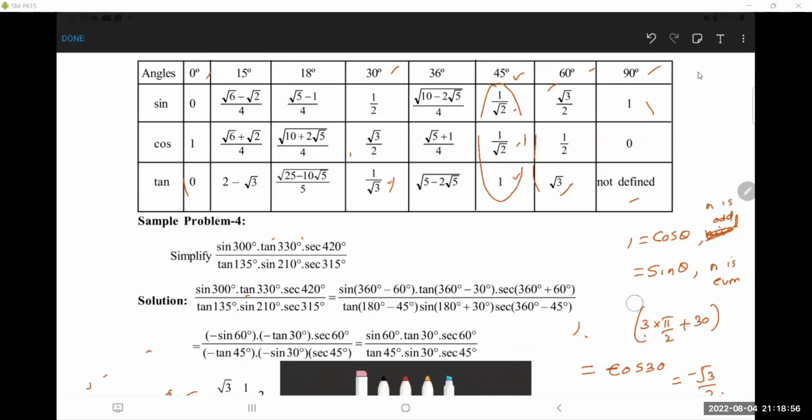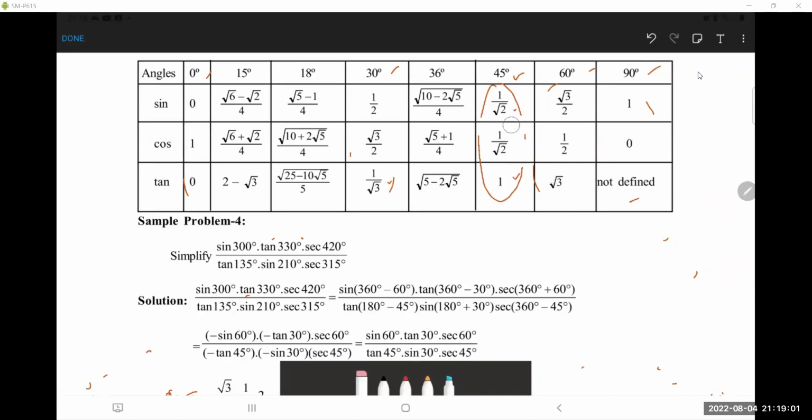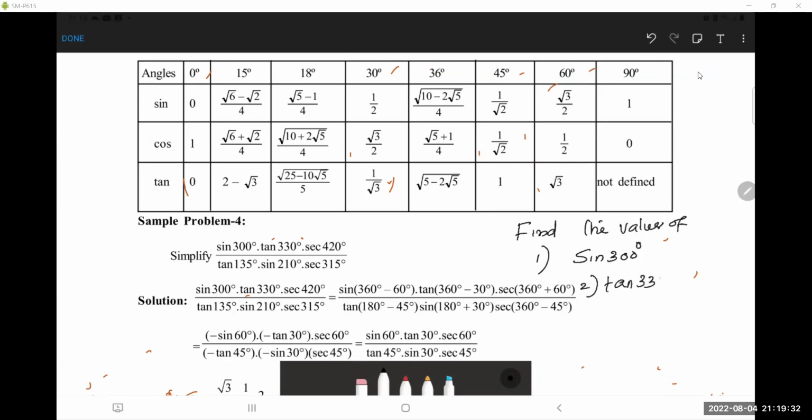You write this question. Find the values of: 1. Sine 300 degree. Question number 2. Tan 330 degree. Question number 3.